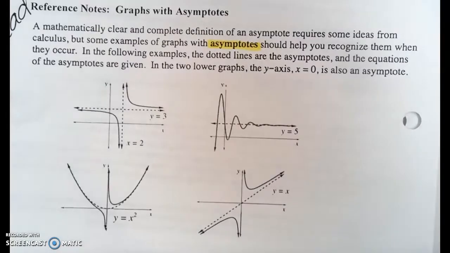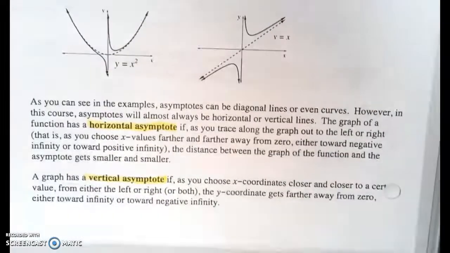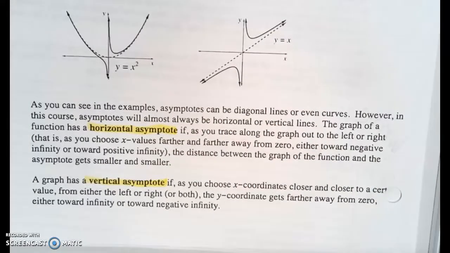So down at the bottom it says, as you can see in the examples, the asymptotes can be diagonal lines or even curves. However, in this course, asymptotes will always be horizontal or vertical lines. The graph of a function has a horizontal asymptote if you can trace along the graph out to the left or right, that is, as you choose x values farther and farther away from 0, either toward negative infinity or toward positive infinity, the distance between the graph of the function and the asymptote gets smaller and smaller.